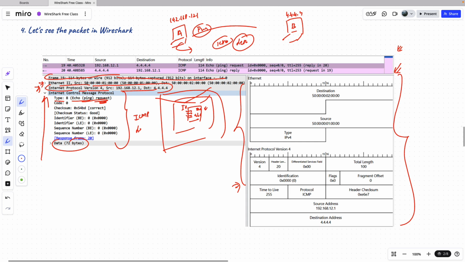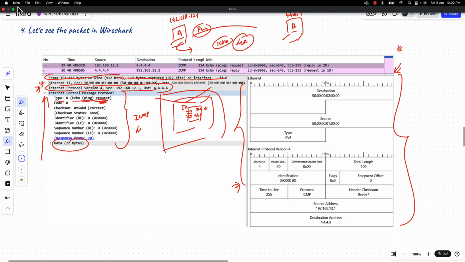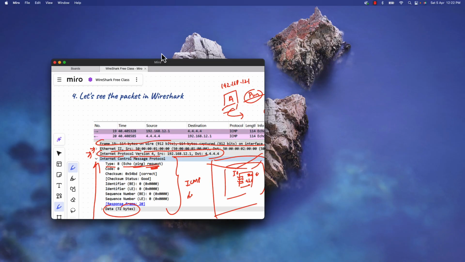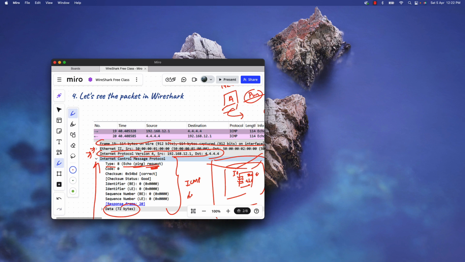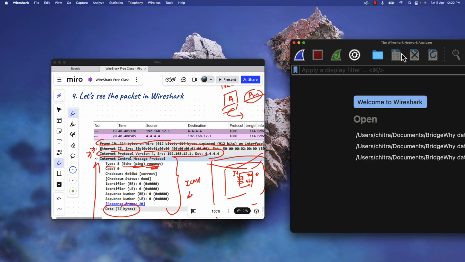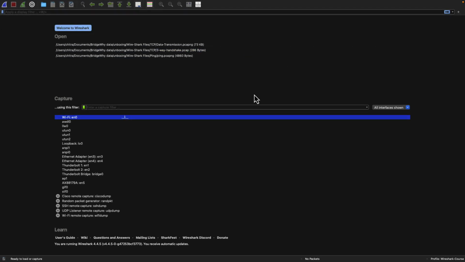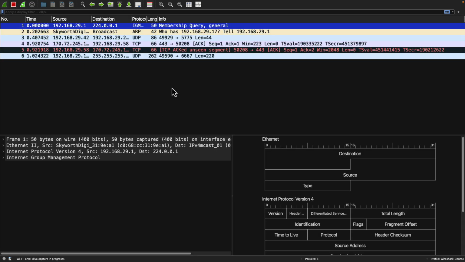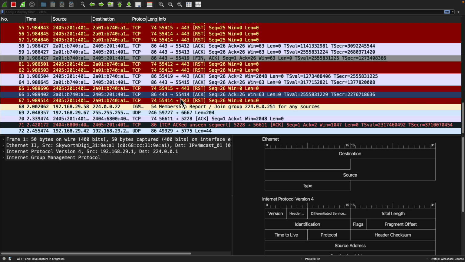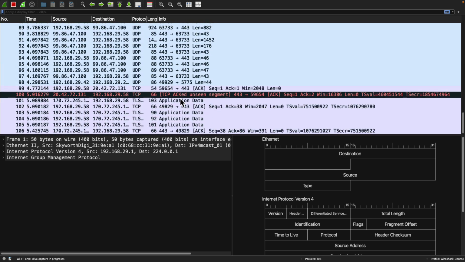Let me open it. This is my Wireshark. So right now, if I open this Ethernet 0, it will start capturing all the packets, and within no time there are going to be so many packets, right?